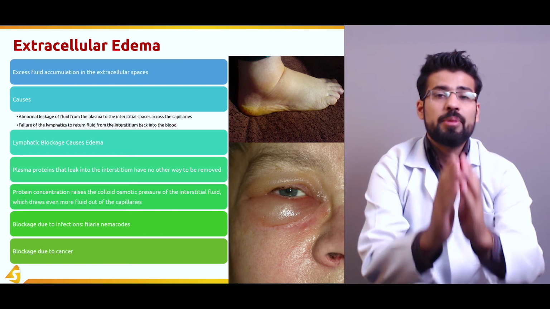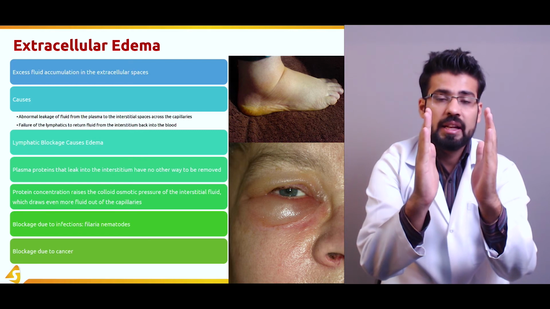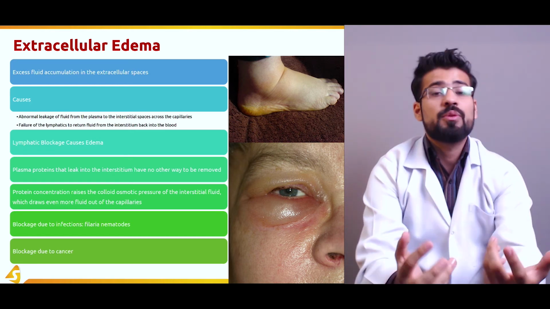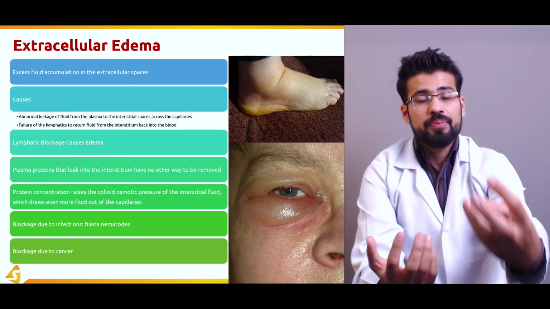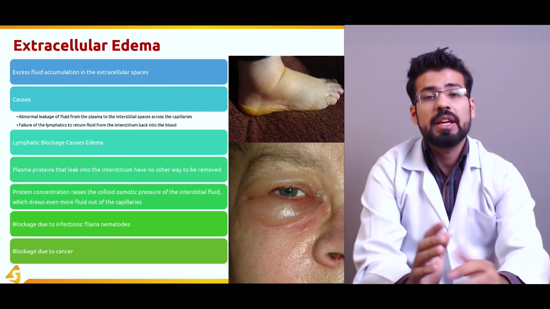But what happens when the permeability is increased between the capillaries? That is how the capillary would increase in permeability. So the proteins which initially couldn't pass through the capillaries into the interstitial space are now able to move through.